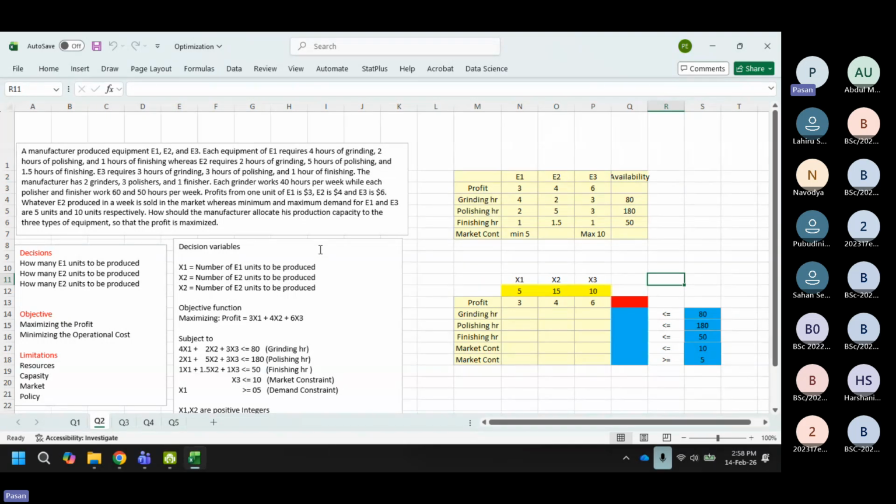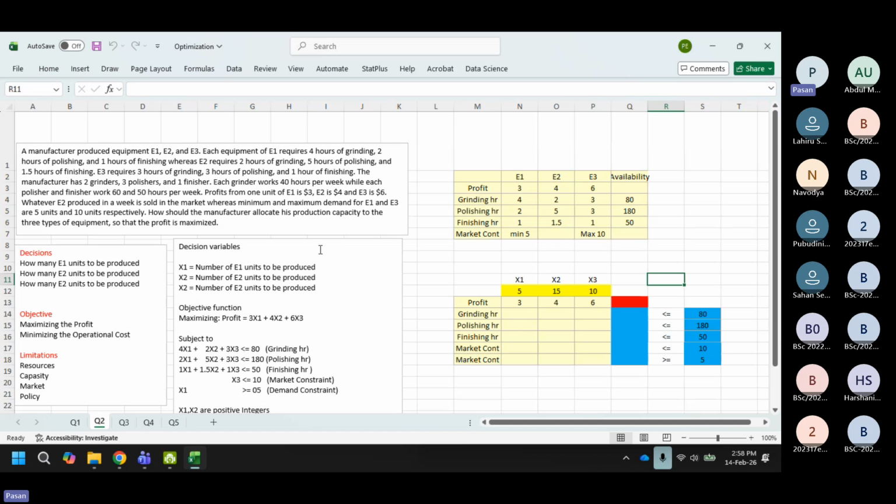And then regarding each equipment, right? E1 requires 4 hours of grinding and 2 hours of polishing and 1 hour of finishing, right? So we have those three things we are looking at in terms of our production.